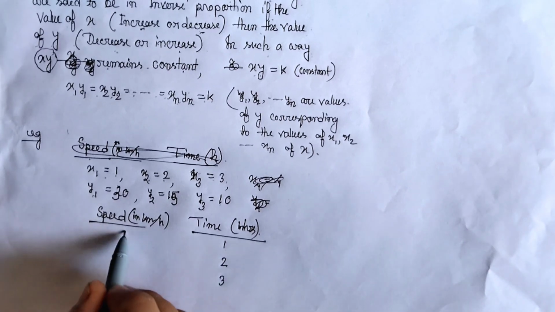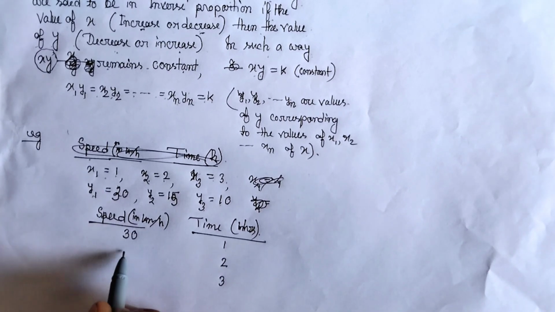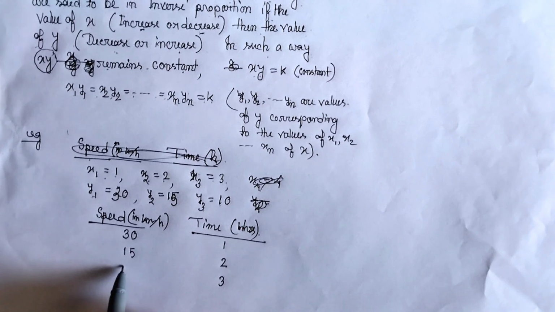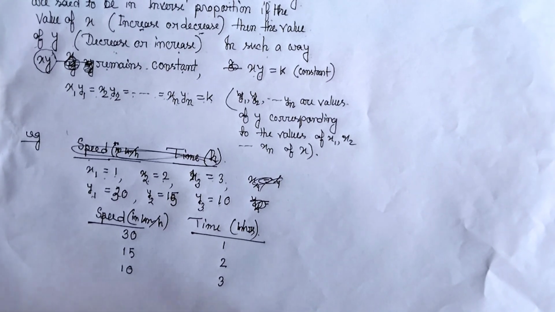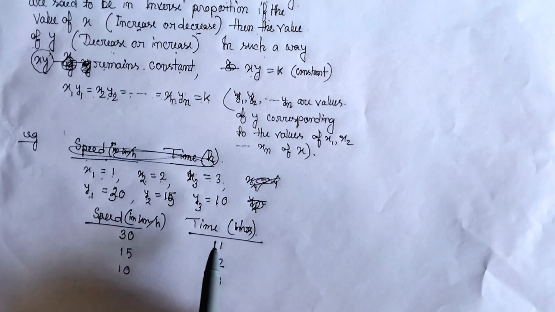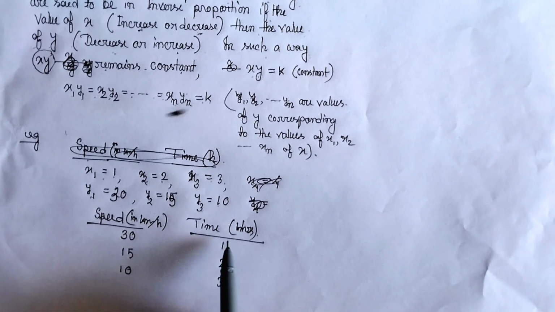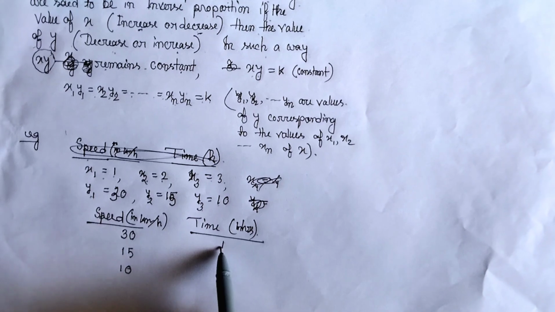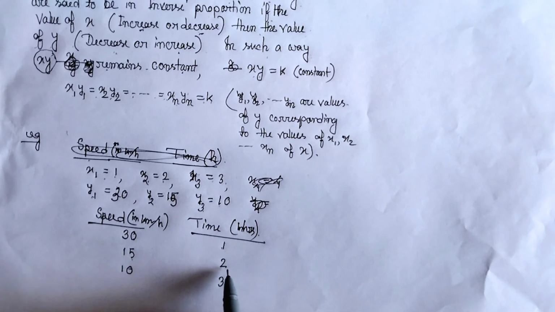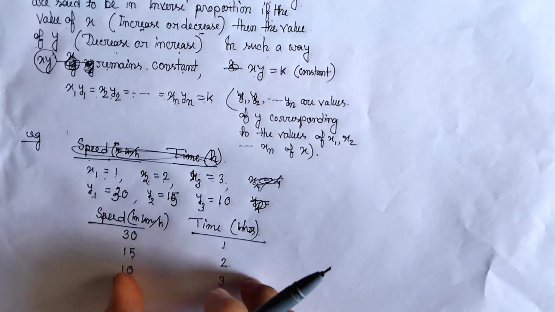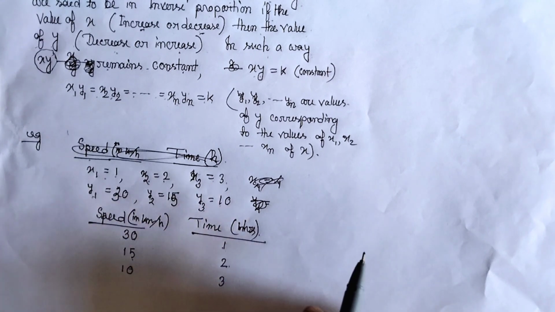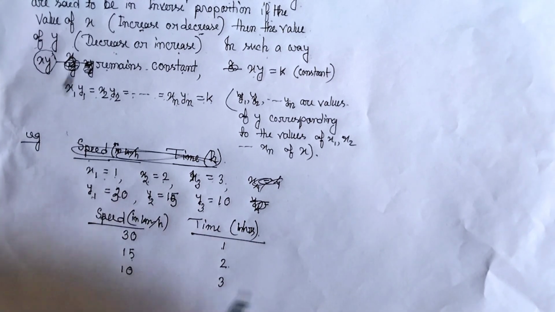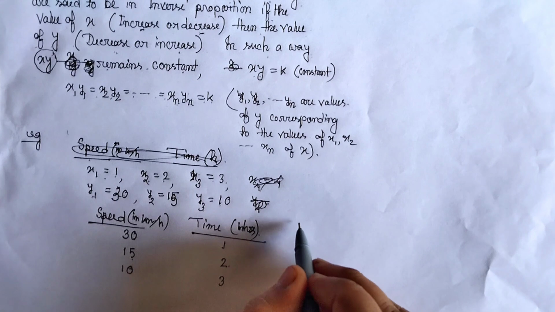Again the speed is 30, 15 and 10. More speed, less time, and less speed, more time. So it is a case of indirect or inverse proportion. So their product will be the same.